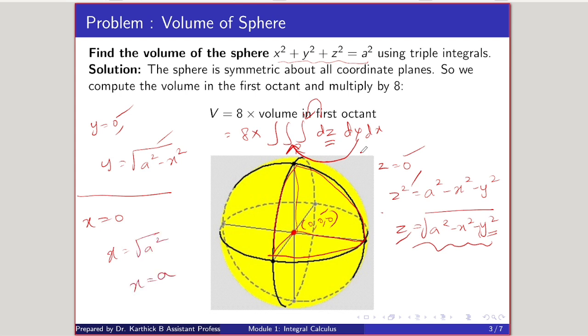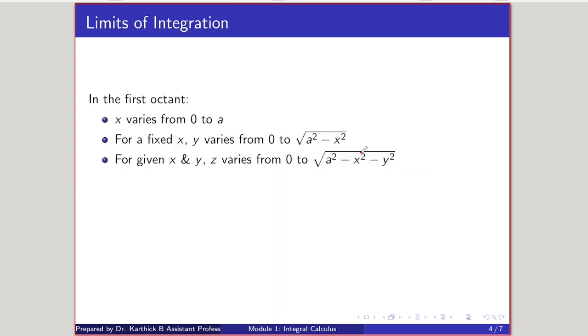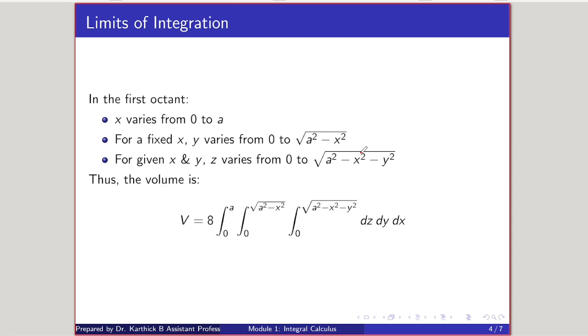So this will be the lower limit and this will be the upper limit. With this, I am computing the integral limits for all three variables. So this will be the triple integral evaluation to find the volume of the sphere.